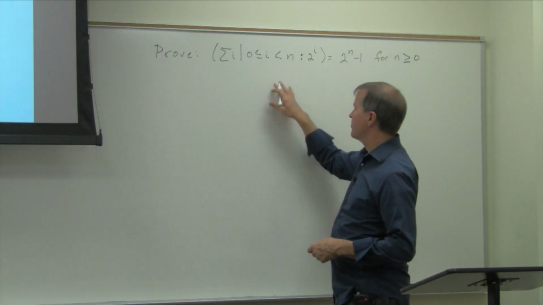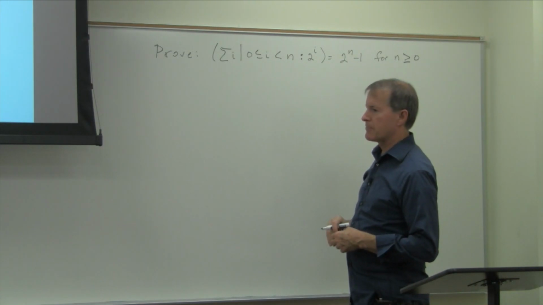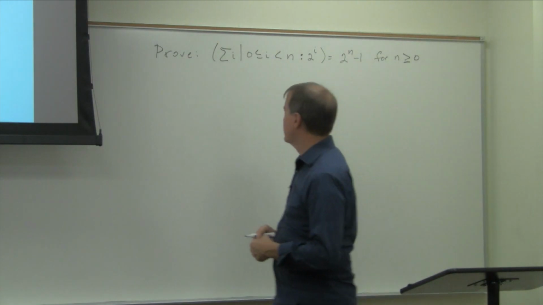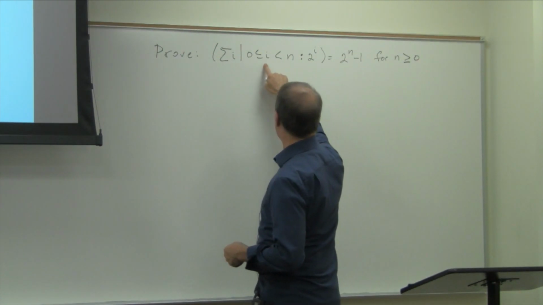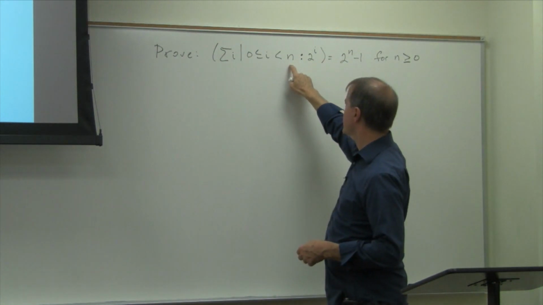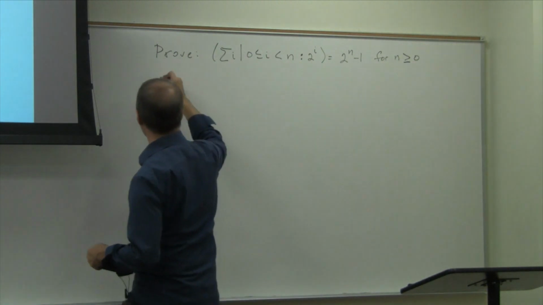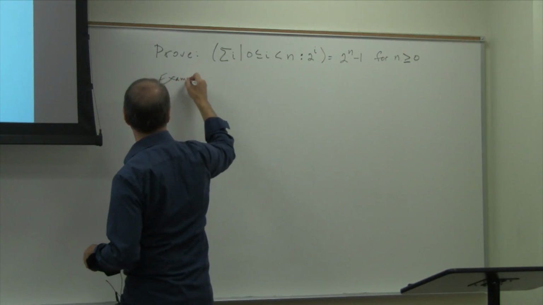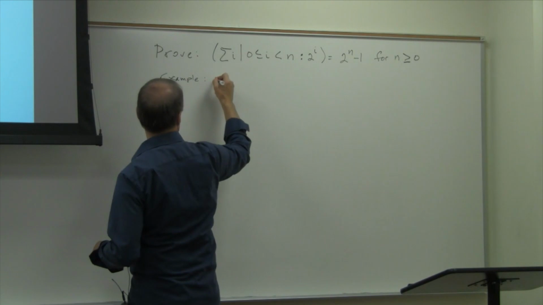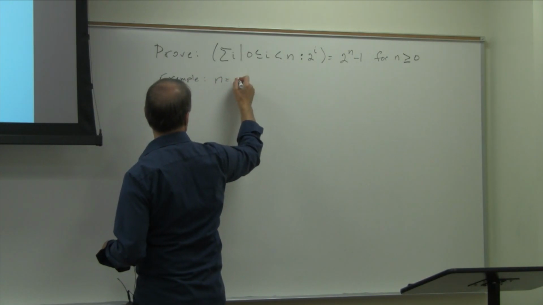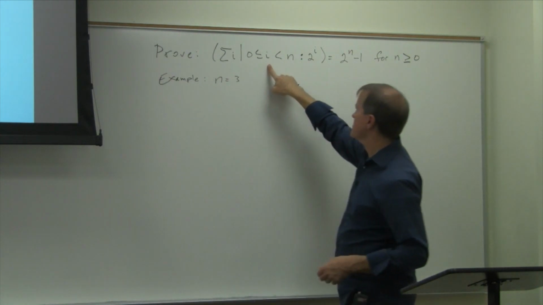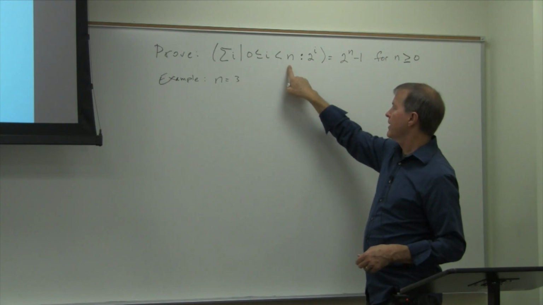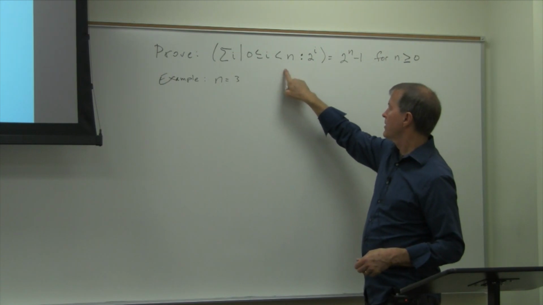Now, actually, before we prove this, let's just do an example with n equals 3. So with n equals 3, what is this saying? What are the possible values of I if n is 3? 0, 1, and 2.